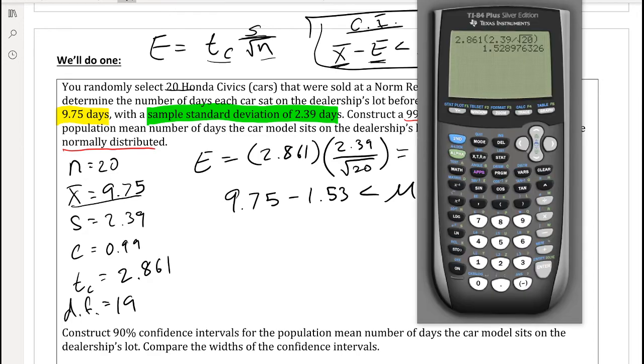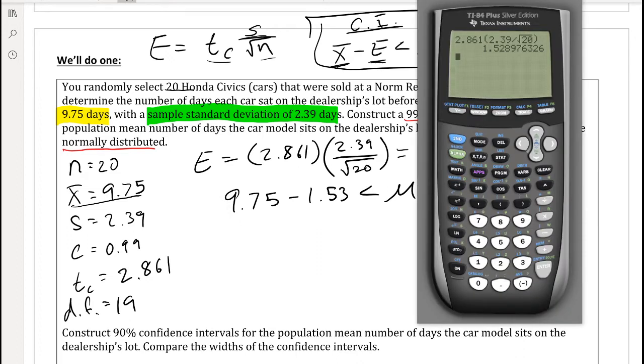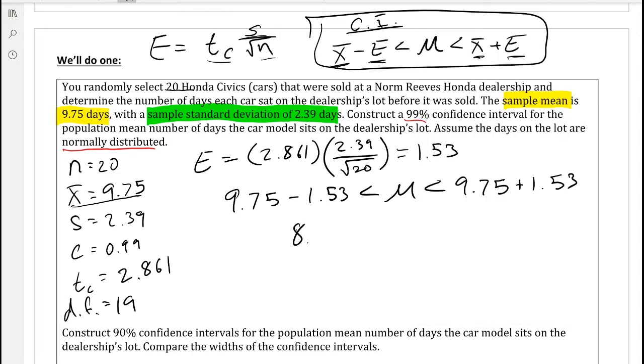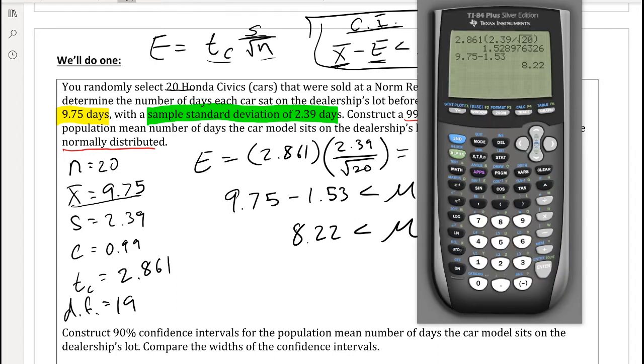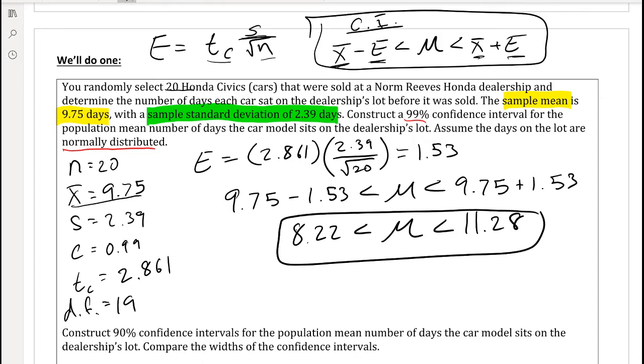So 9.75 minus 1.53 gives 8.22, less than the mean, which is less than 9.75 plus 1.53, which is 11.28. And that's my confidence interval.